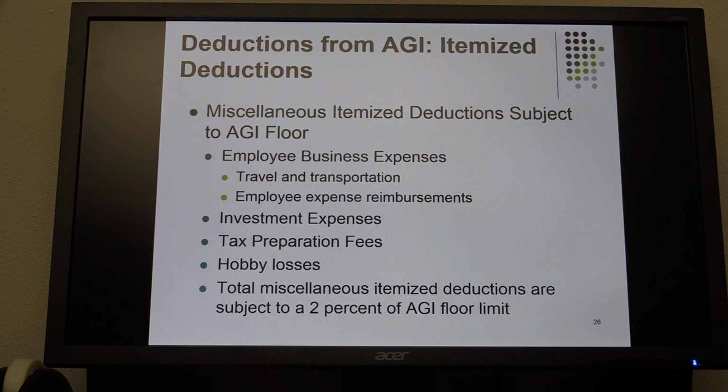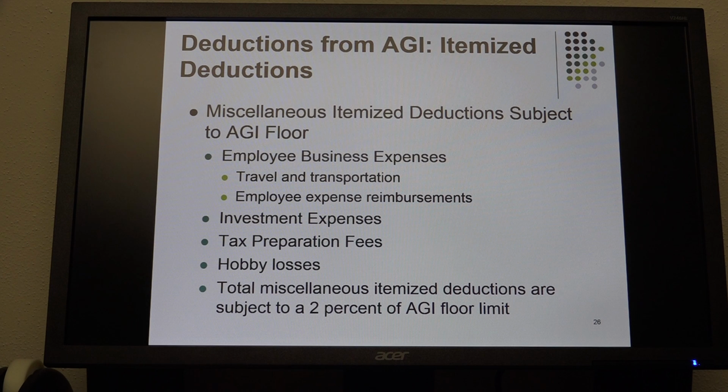Hobby losses. So notice travel and transportation. If it's unreimbursed travel, let's say you go around to various sites as part of your job, different stores or different offices of the company you work for.